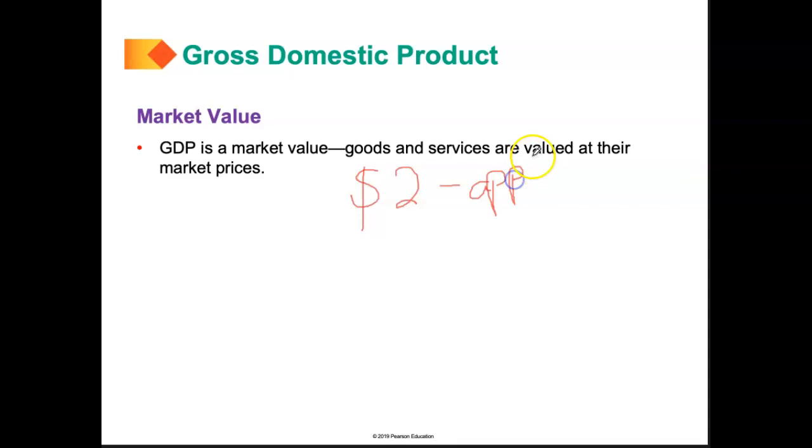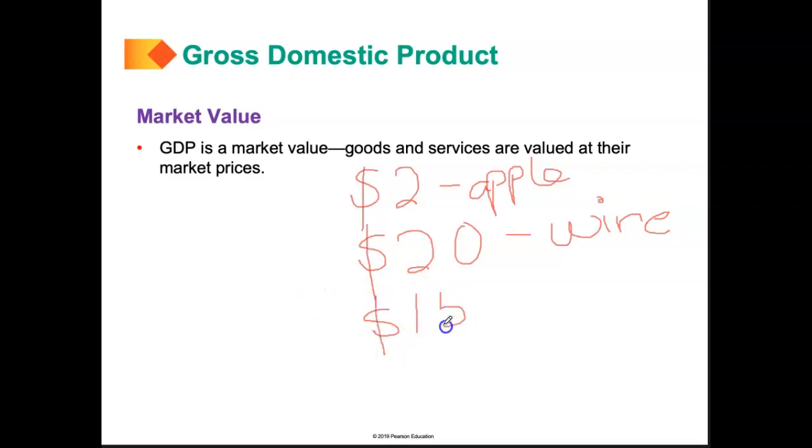If a bottle of wine costs $20, that is the market value of that bottle of wine. So the price at which an item is quoted is the market value. Let's say you bought a watch for $150. That is the market value of the watch. So essentially that is the market value.